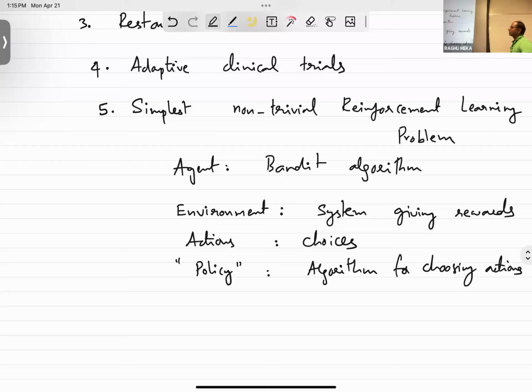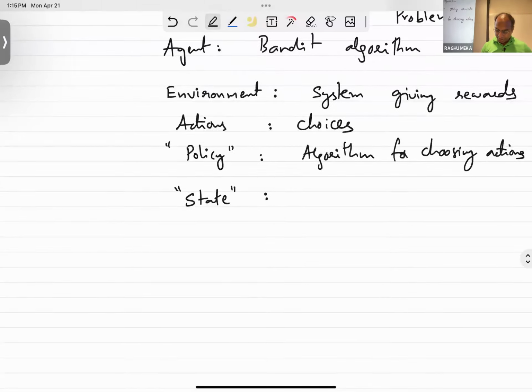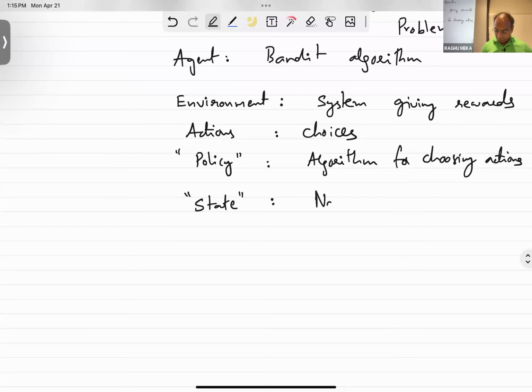Okay. So the biggest difference which differentiates it from the full-blown reinforcement learning problem is that we are assuming there is no state, meaning when I take an action, it doesn't change my own state. Okay, if you're a robot, if I decide to bend down and pick something, I bend down. Now my state is not the same. Something has happened because of the action that I took, right? So in some sense, no state in MAB.